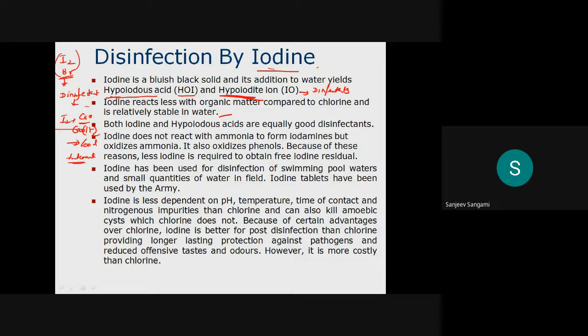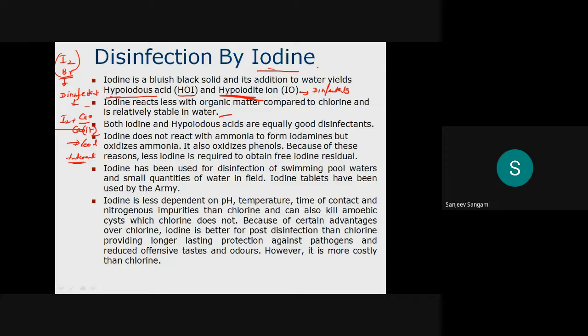Iodine does not react with ammonia to form iodoamines, but oxidizes ammonia. Just like in the previous case, where di- and monoamines were formed, here it is not going to form them, but it is going to oxidize ammonia. It also oxidizes phenol.